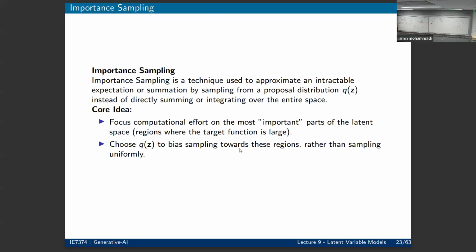The idea here is that we have this unknown distribution, similar to the Monte Carlo idea, but instead of just sampling from this and assuming they're uniform, in importance sampling you introduce a new distribution called Q, and you say I propose this distribution Q, and this Q is supposed to be P. So I propose a new distribution, and my goal is to make Q as close as possible to P, the unknown distribution that I have.